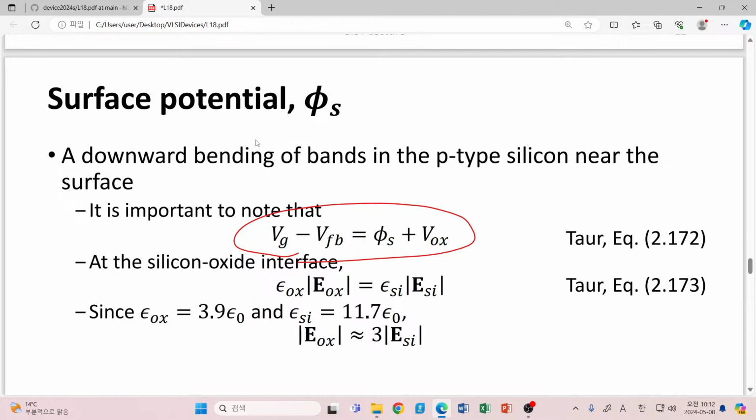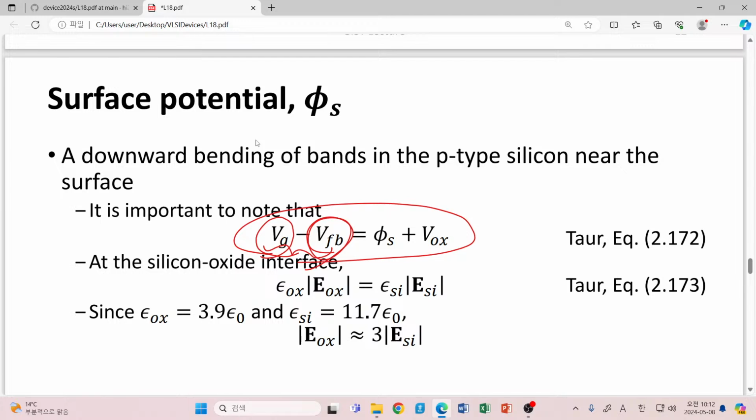Please have a look at your left hand side. It just shows VG minus the flat band voltage, because the flat band condition corresponds to no bending at all, so it is regarded as your starting point. And when you apply a certain gate voltage, this voltage difference corresponds to the total amount of energy difference in your gate and p-type region.